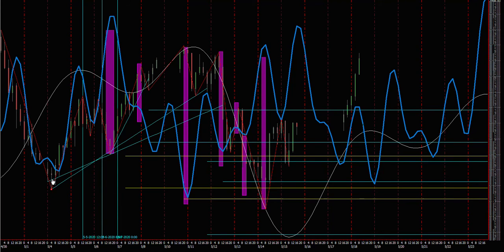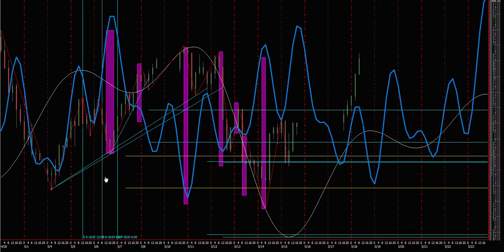So now I can use other tools. So what we are doing is we are measuring the energy structure, where the market is going to go from these trend lines.